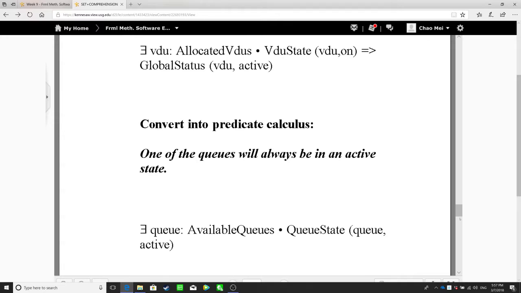Okay. Question? So when the answer says available queues and the queue state is a function, you would automatically make it a function. This is not a function. This looks like a function, but we would not call it a function. It is a structure that represents the relationship between the queue and the active.